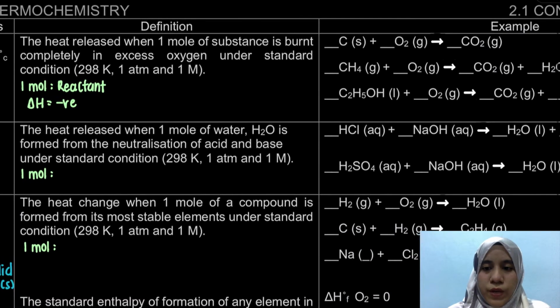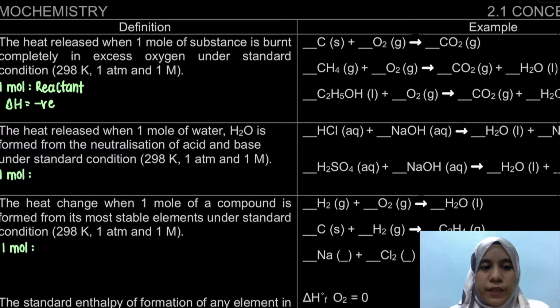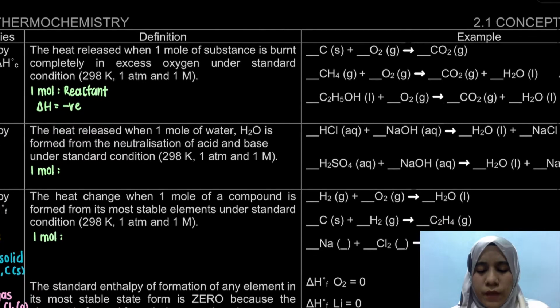So first, what we have is the combustion of our carbon solid, which is our graphite. In this case, remember from the definition itself, we know that 1 mole must be the reactant. So we have our carbon and oxygen. But remember, because here it mentioned excess oxygen, it means that is not 1 mole.